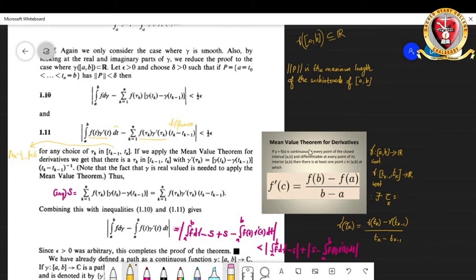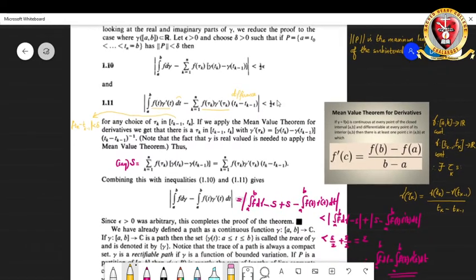So we can apply this mean value theorem and say that there exists a τk inside the open interval (tk−1, tk) such that γ'(τk) is equal to (γ(tk) − γ(tk−1)) divided by (tk − tk−1). So that's how we apply the mean value theorem.